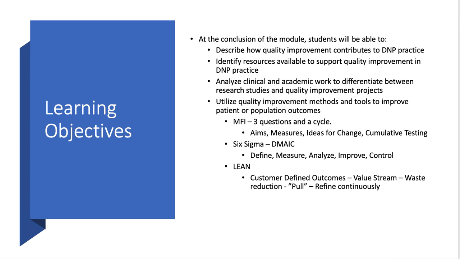Six Sigma, or DMAIC, is shown here as define, measure, analyze, improve, and control. It really comes from one of the quality improvement gurus whose name was Juran. And Juran's point was you can use statistics to understand variation. And by understanding variation, you can tell when something is in control or not in control.